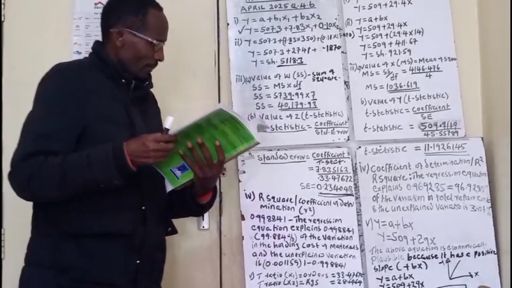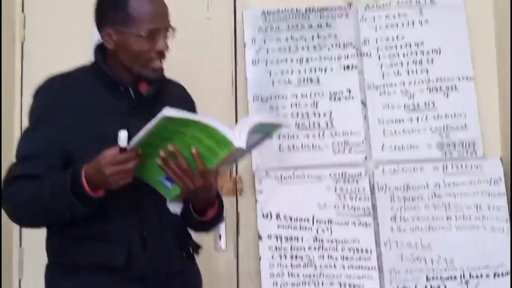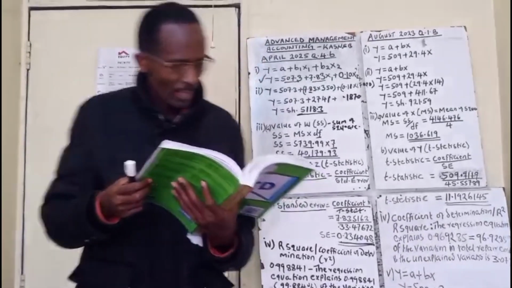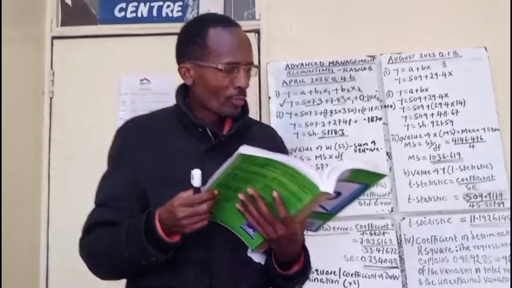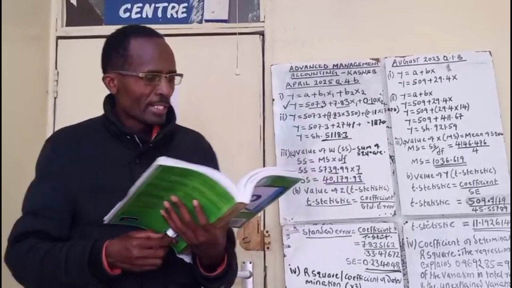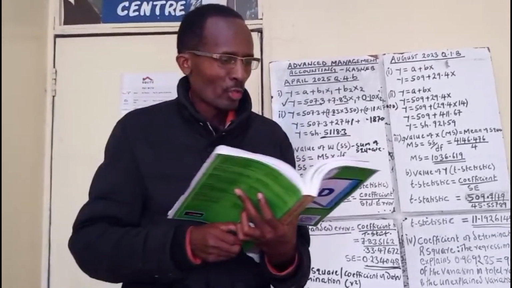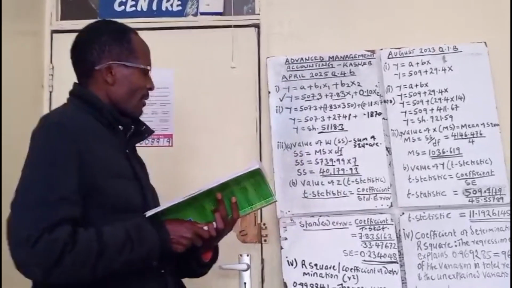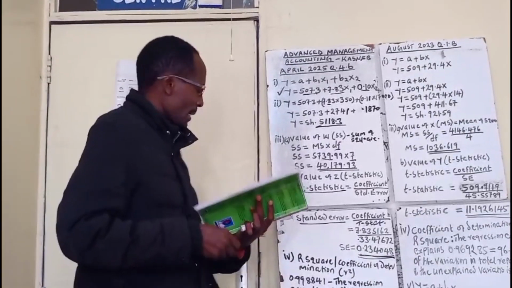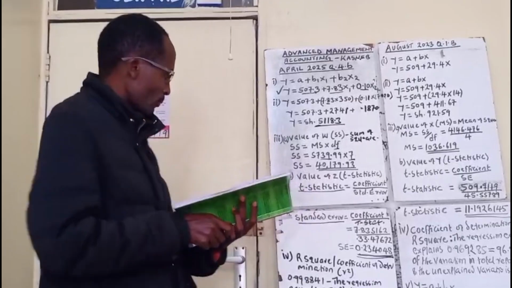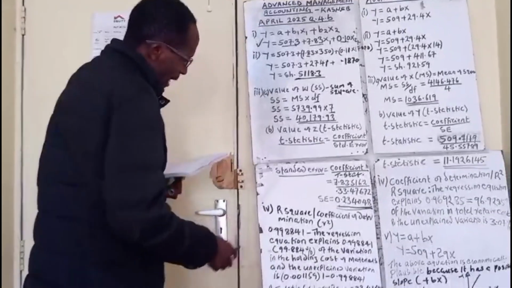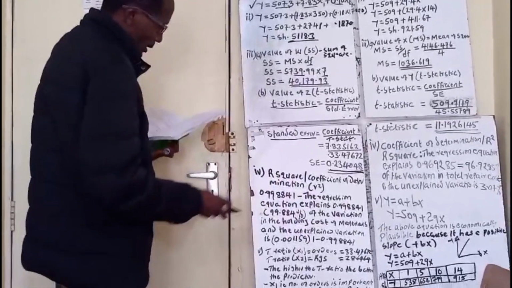Then lastly is based on T ratio value, explain whether the number of orders or number of kilograms ordered is more significant in predicting the total material handling cost. You just need to compare the T ratios. The higher the ratio, the better in terms of prediction. So we are comparing X1 and X2.